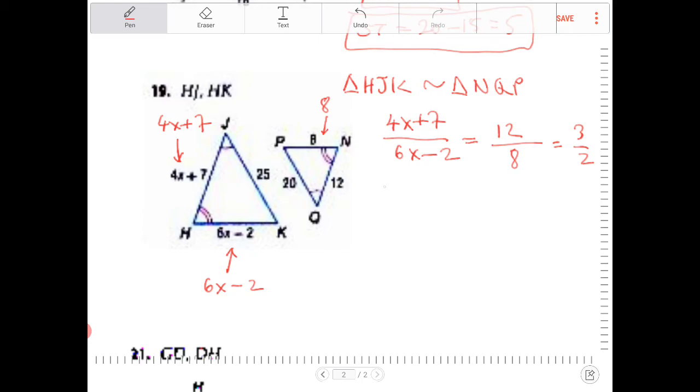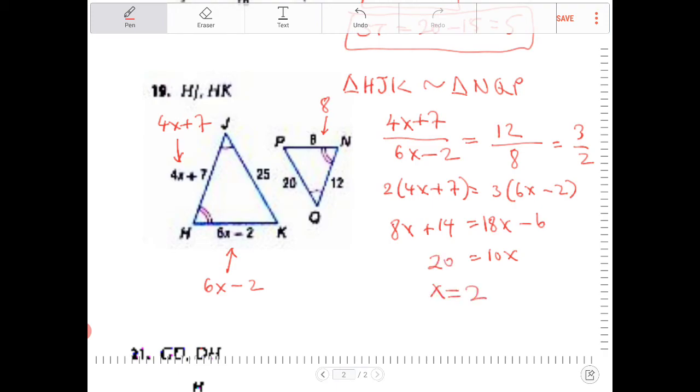Cross multiply, I end up with 2 times 4x plus 7 is equal to 3 times 6x minus 2. Distribute the 3, I get 18x minus 6. Distribute the 2, I get 8x plus 14. Subtract 8x, I end up with 10x. So, add 6 to both sides, I end up with 20. Divide by 10, x is equal to 2.